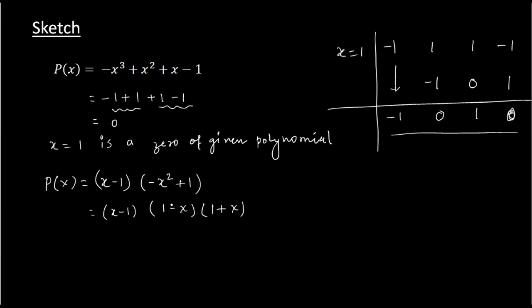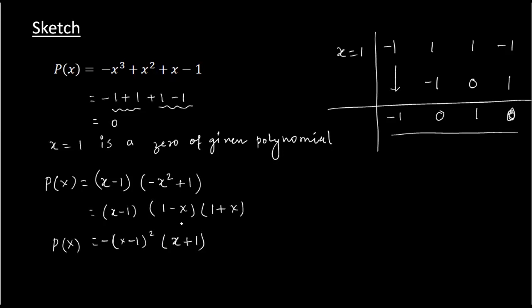If we multiply this term by -1, it becomes x minus 1. So x minus 1 into x minus 1 can be written as x minus 1 whole square, into 1 plus x, which can be written as x plus 1. So our polynomial can be written as x minus 1 whole square into x plus 1.